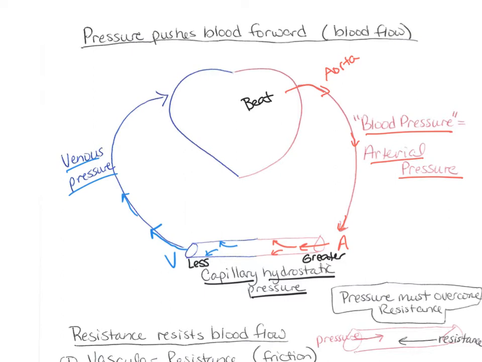So when we look at these pressures, if cardiac output goes up, and cardiac output is stroke volume times heart rate, that means you have increased blood flow. On the other hand, if you have decreased cardiac output, that means you have decreased blood flow.